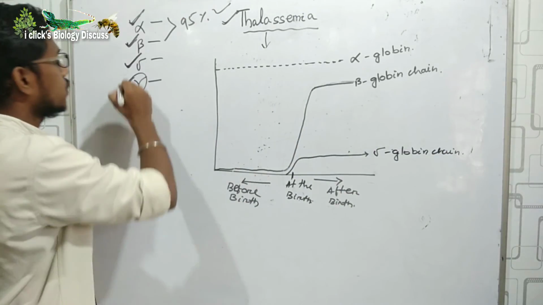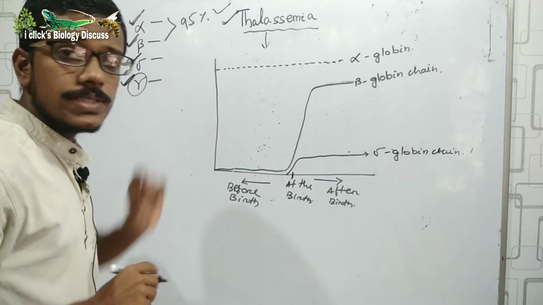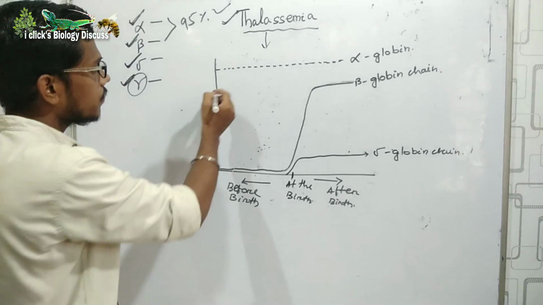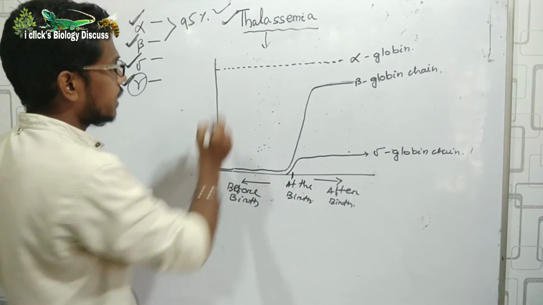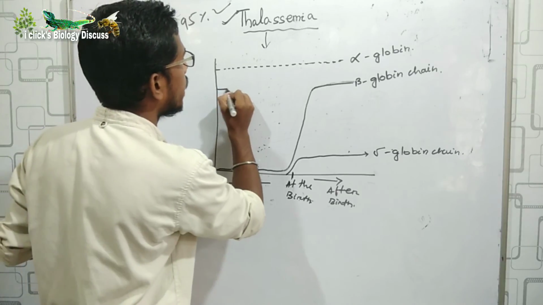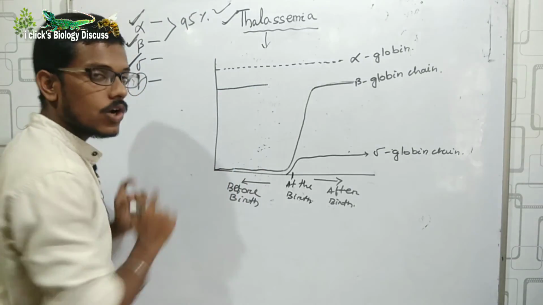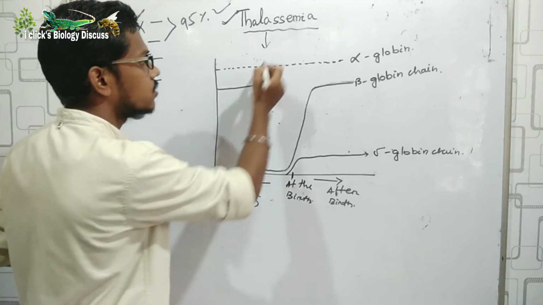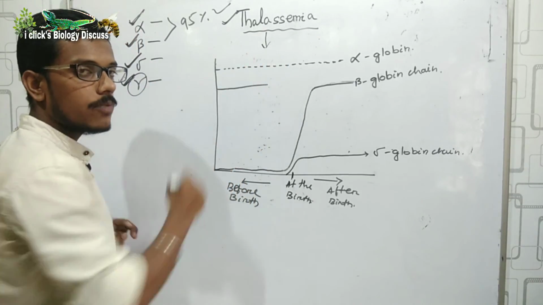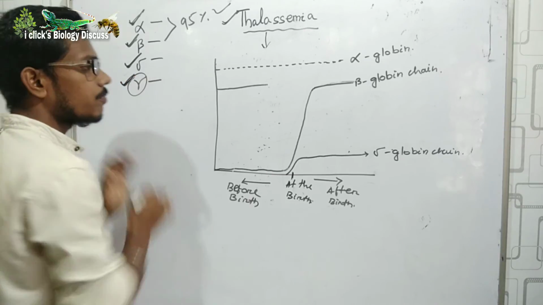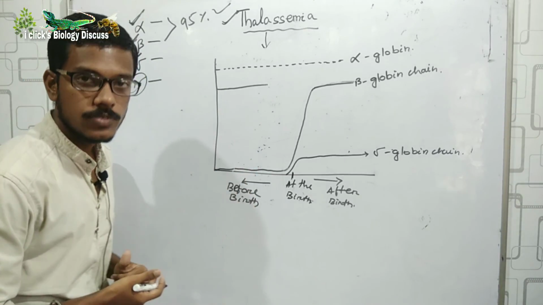Whereas the gamma globin chain is very high during the fetal life or before birth. As compared to your alpha and your gamma before birth, both are the same.